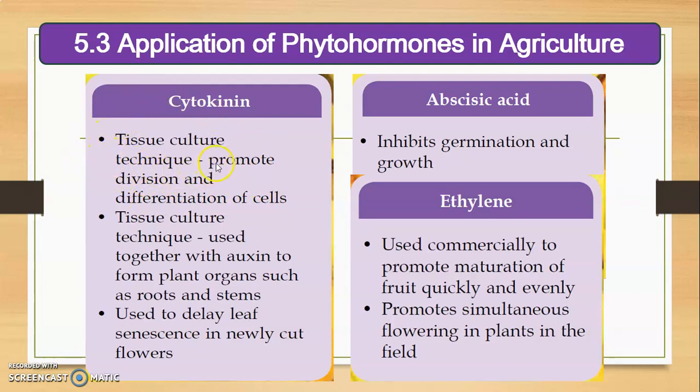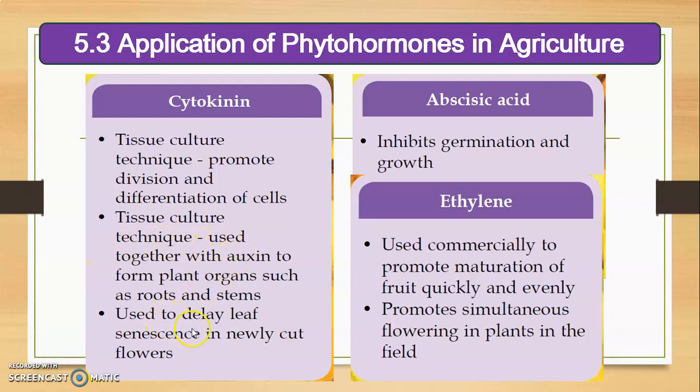The tissue culture technique refers to a process whereby a piece of plant tissue is put in the culture medium. So in the medium, they put the cytokinin together with the auxin to promote the division and differentiation of cells. So the tissue culture technique is used together with auxin, alright?